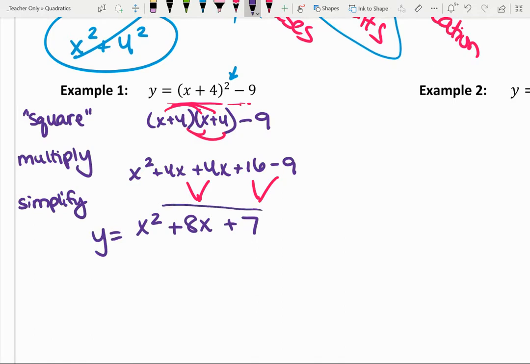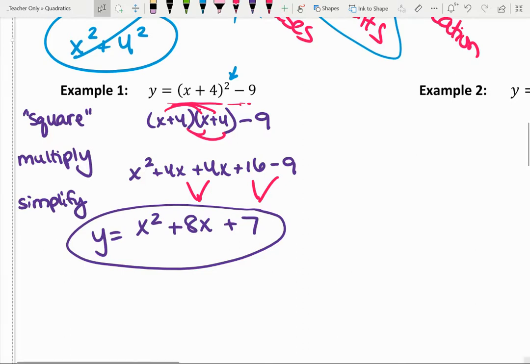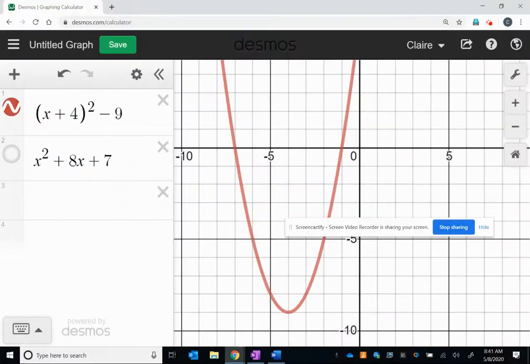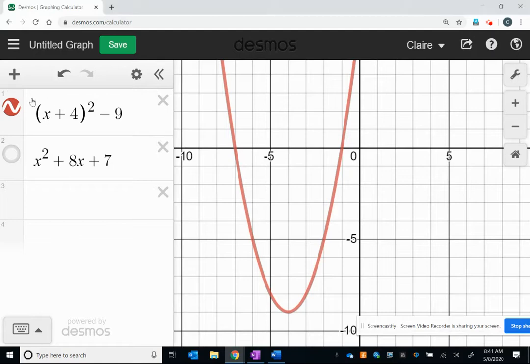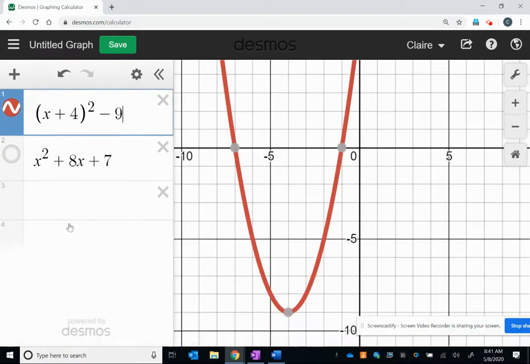So apparently this is my standard form of the vertex form expression that I started with, x plus 4 squared minus 9. So again, I just want to show you really quickly, we can use a Desmos graph to help us confirm that. So if I take a look at my graph here, I've got x plus 4 squared minus 9 in red, and then I've got my x squared plus 8x plus 7.